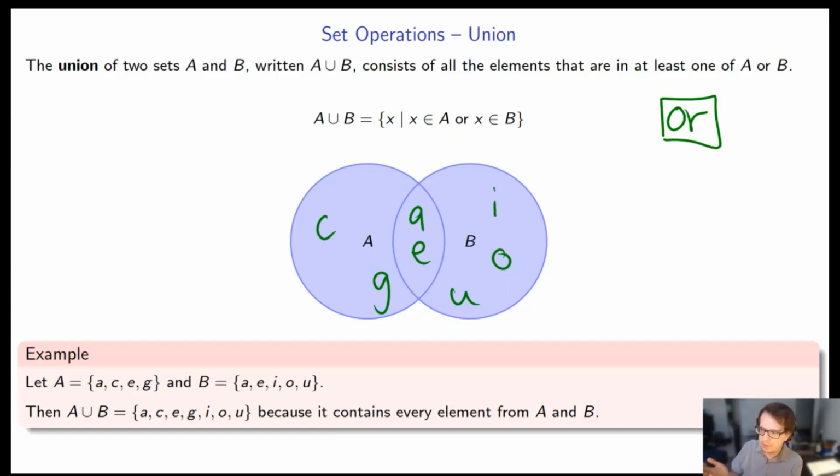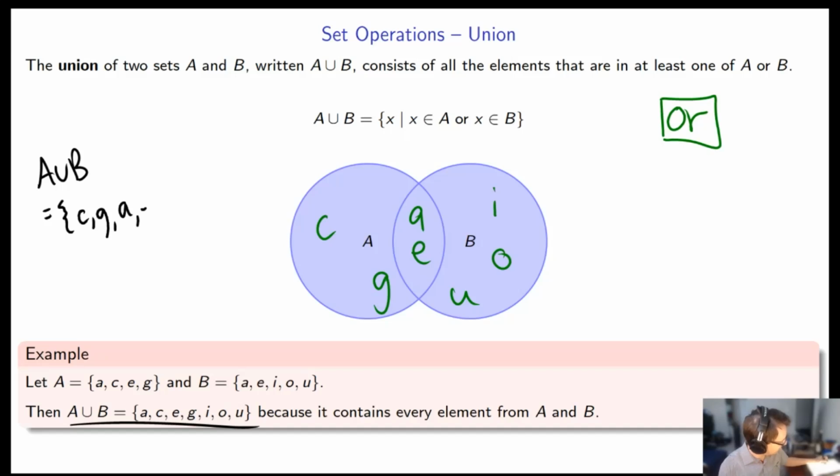Basically, with the union, we're just taking all of them. If we write this out, again, I have it down here, but I will write it again. A union B is C, G, A, E, I, O, and U. Again, the order doesn't matter because it's a set, but it's basically all the elements in both sets.